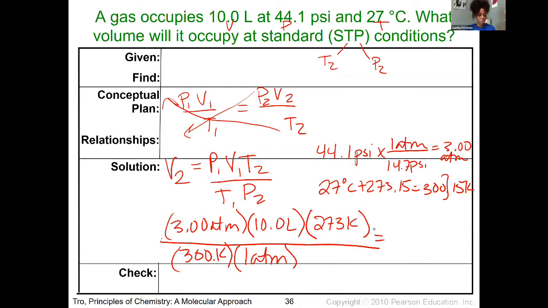And so we'll plug it in, 3 times 10.0 liters times 273 divided by 300 gives us 27.3 liters. And we can see that it's liters because atmospheres and Kelvins are crossing out here.